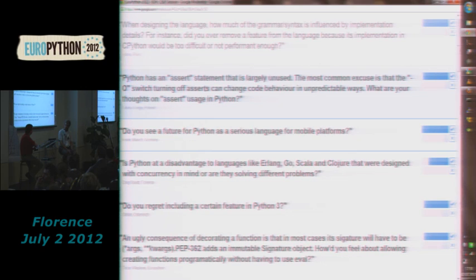So if you would say assert true and then some gobbledygook as the second expression, the gobbledygook is never evaluated because your condition is already true. So assert really expands to: if not condition, then raise a certain exception.